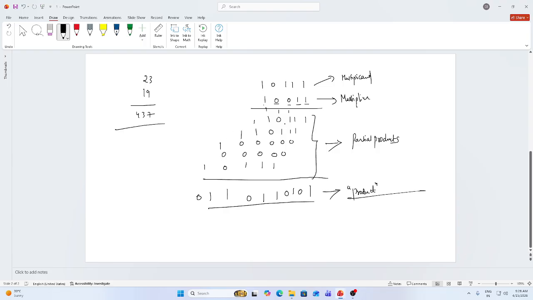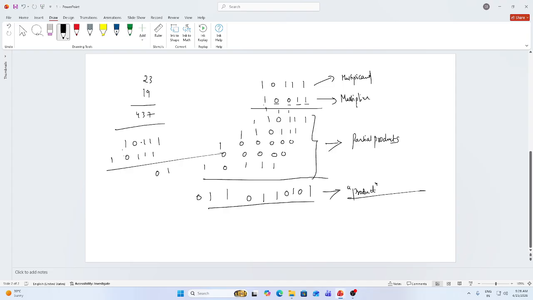So instead of that, the first modification we do is, whenever we get a partial product, we add then and there. So for example, I get 1 0 1 1 1, then I get 1 1 1 0 1. Whenever I get these two partial products, I add right there.